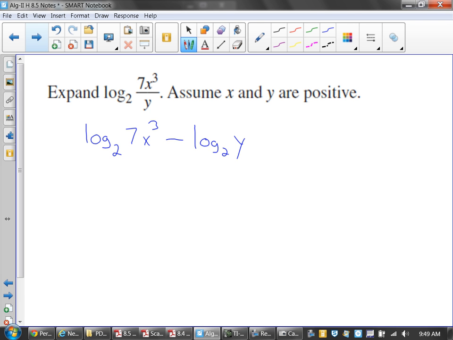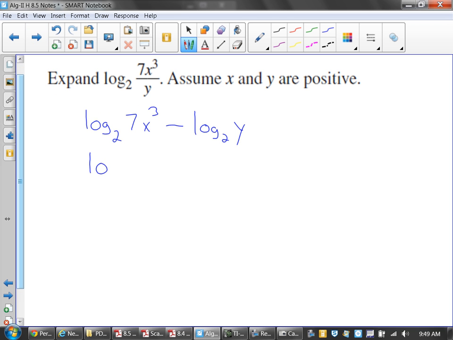Now I break it into the addition parts. Now I can break it into the log base 2 of 7 plus, does everybody agree it's going to be log base 2 of x cubed? Can I rewrite that as 3 log base 2 of x right away? I'll write it out here: log base 2 of x cubed minus log base 2 of y.